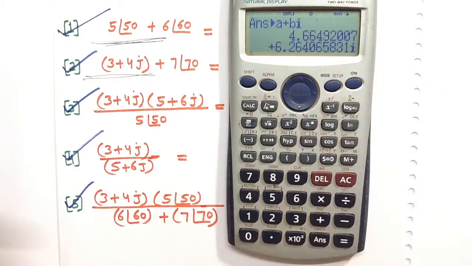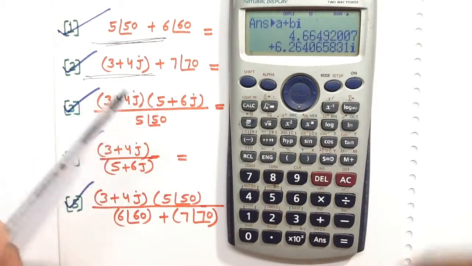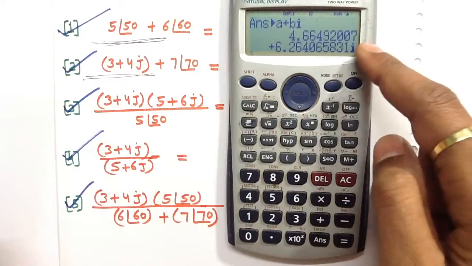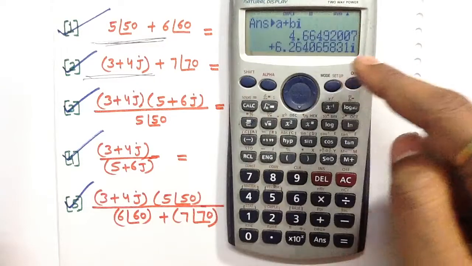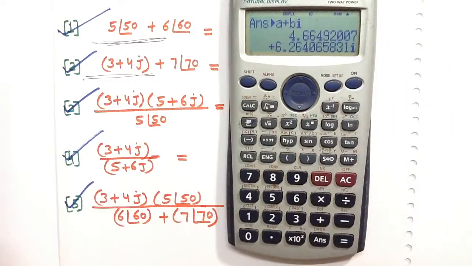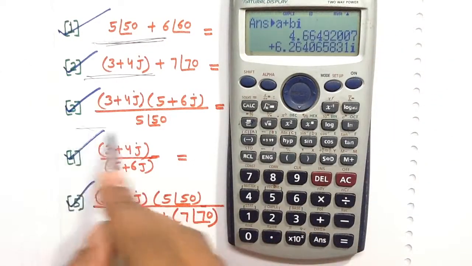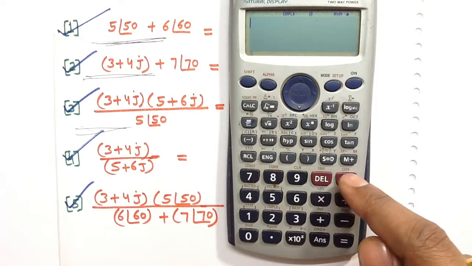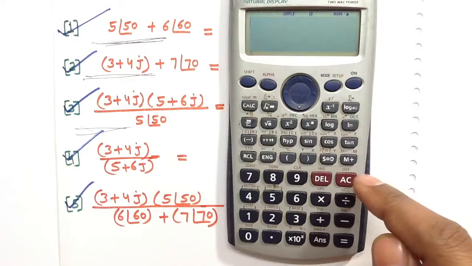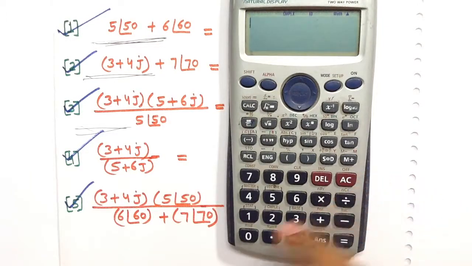So the answer of question number 3 in the rectangular form is given on the screen of the calculator: 4.66 plus 6.26 J. Okay, so our question number 3 is complete. Let us proceed to question number 4.